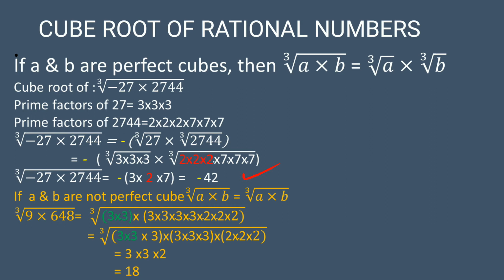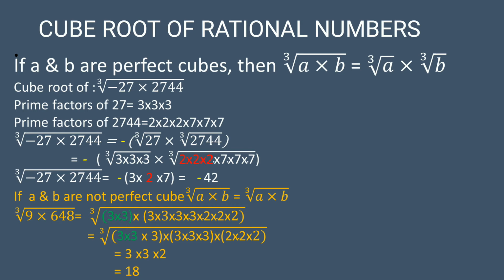Here minus 42 is the answer of the cube root of minus 27 into 2744. In this question, 27 is a perfect cube and 2744 is also a perfect cube.